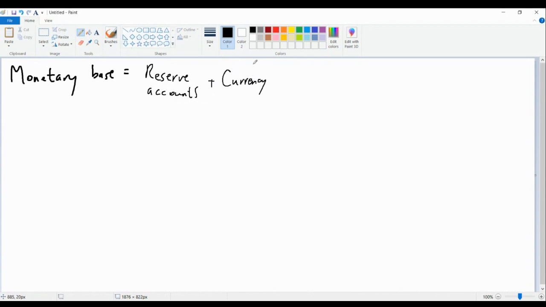And we talked about how that might be linked to the money supply, which is deposits plus currency. And we never finished. We had enough time to define what the money supply is and the monetary base.